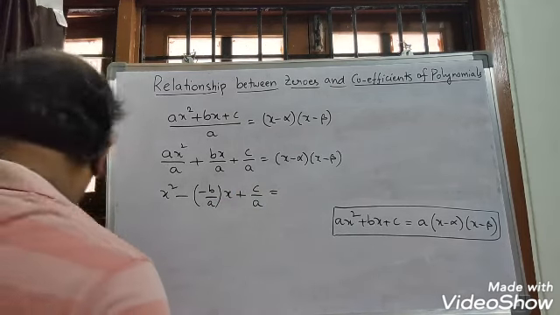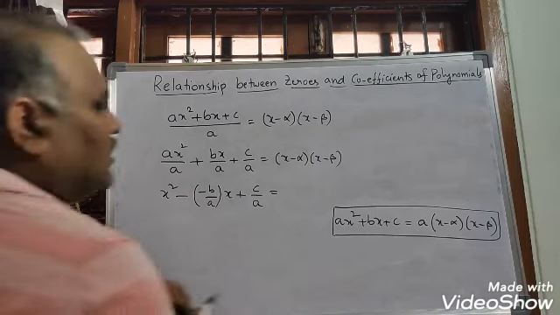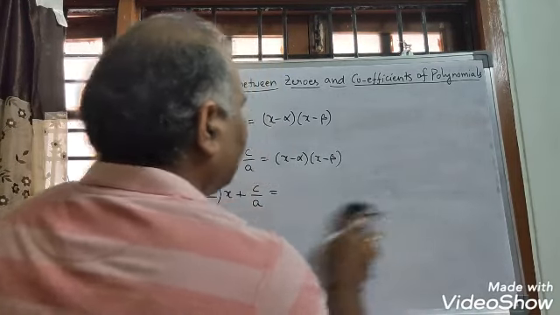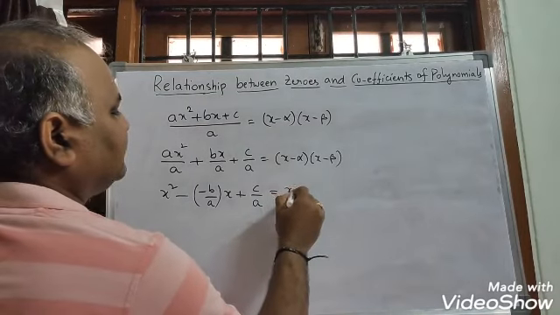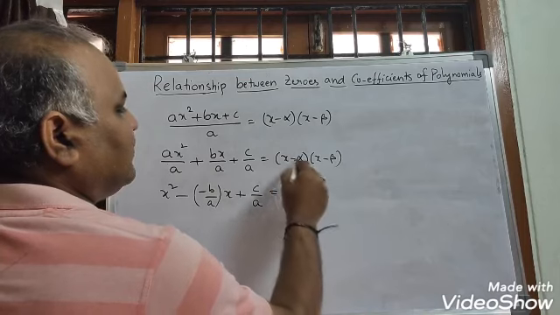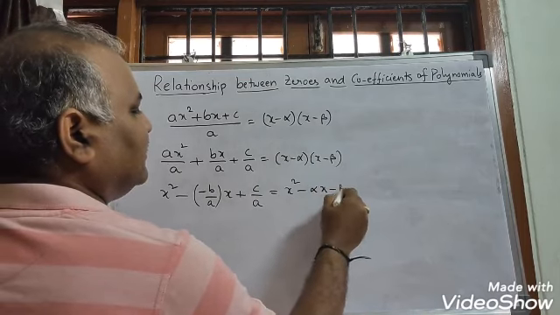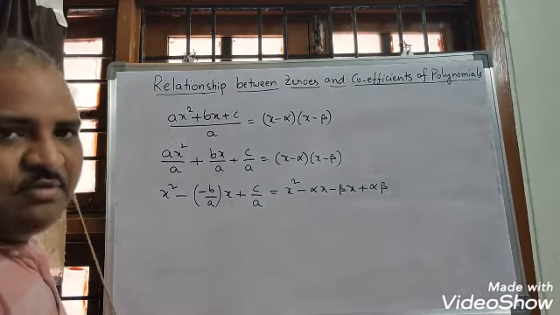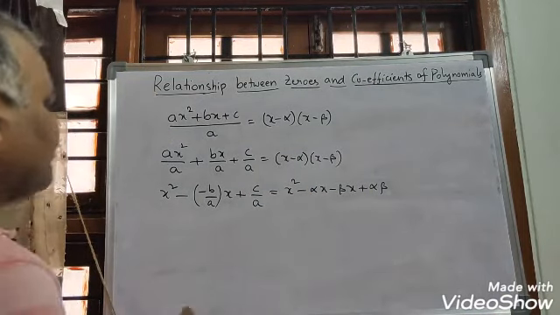And here on the RHS, by multiplication of x minus alpha and x minus beta, clearly we can get x square minus alpha x minus beta x plus alpha beta. Minus into minus becomes plus while multiplying minus alpha and minus beta.